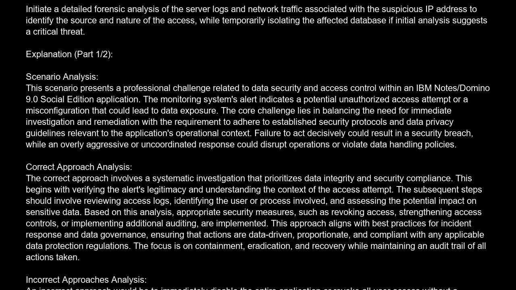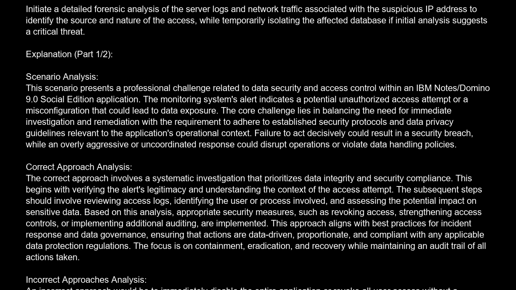Correct approach analysis. The correct approach involves a systematic investigation that prioritizes data integrity and security compliance. This begins with verifying the alert's legitimacy and understanding the context of the access attempt. The subsequent steps should involve reviewing access logs, identifying the user or process involved, and assessing the potential impact on sensitive data.